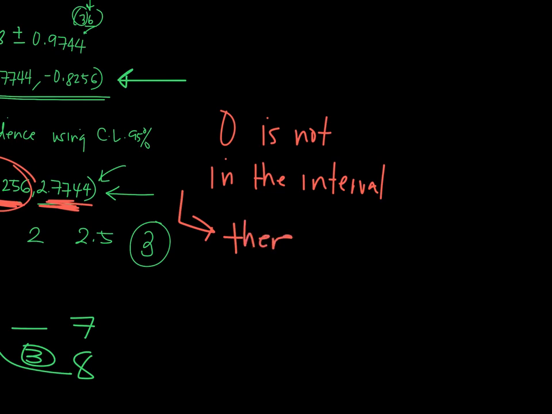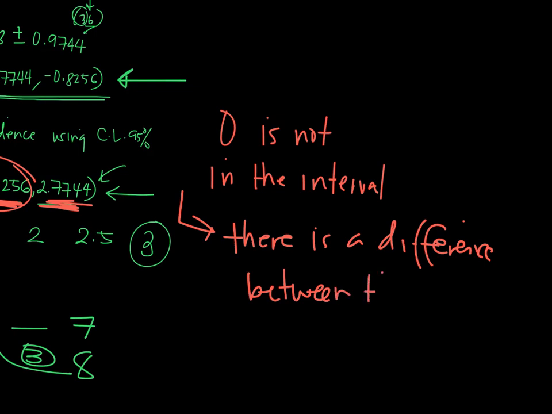There is a significant difference between the two means, simply because the zero is not there, and zero means no difference.